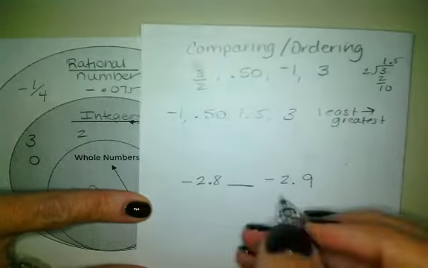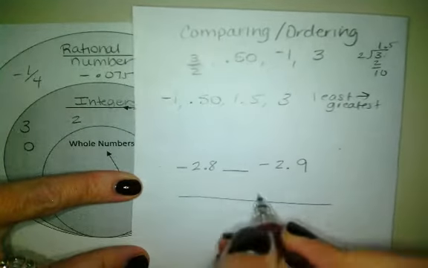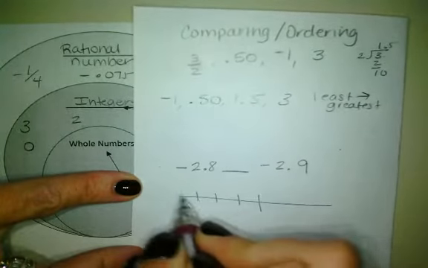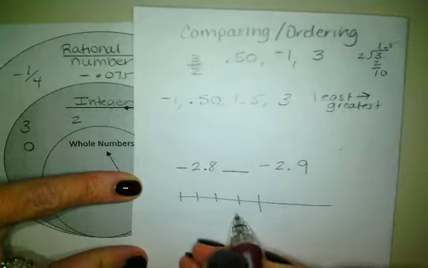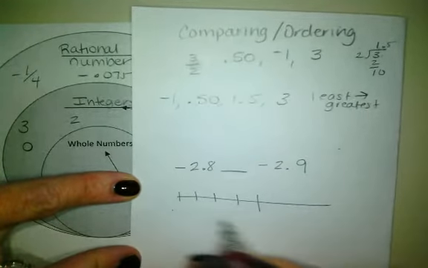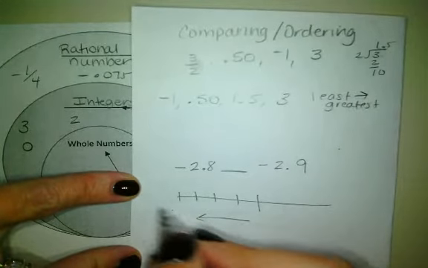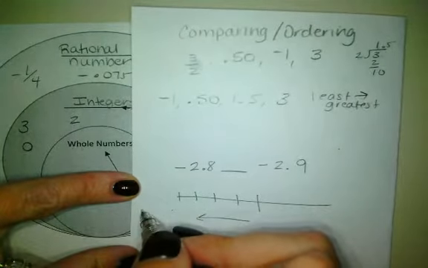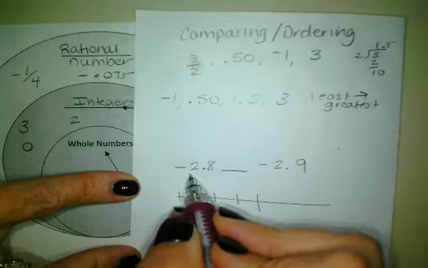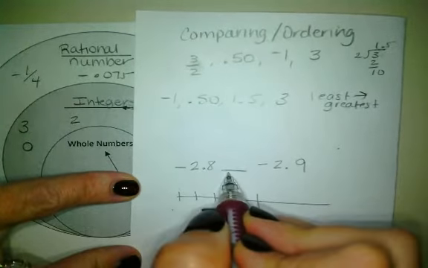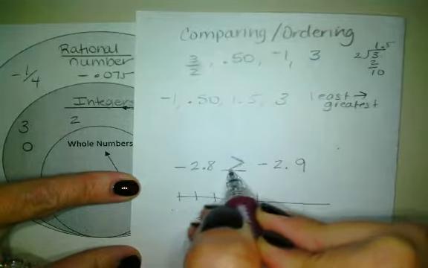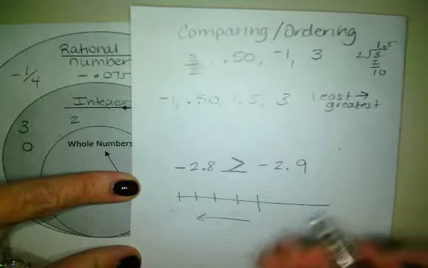In this case, if we're looking at a number line, if I'm going this way, remember this is less than. So my bigger number is further away, which means it's going to be smaller. So negative 2.8 is actually greater than negative 2.9.